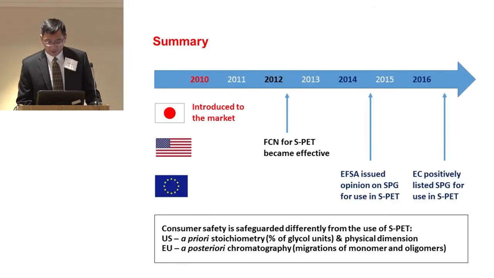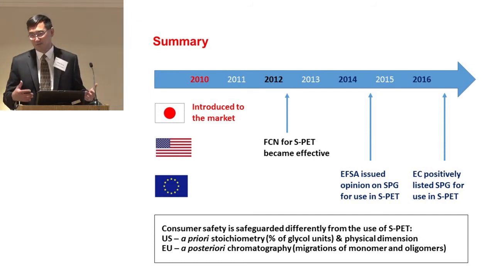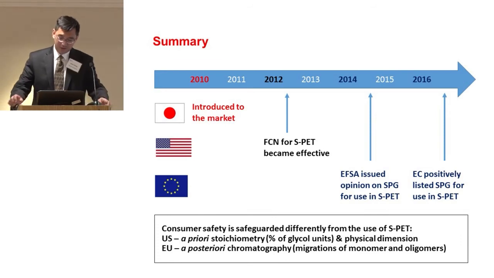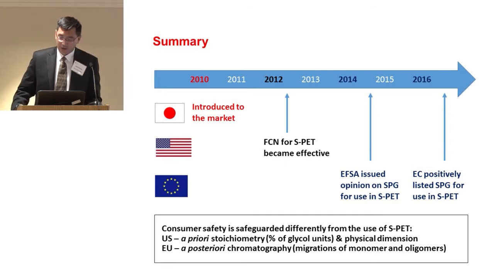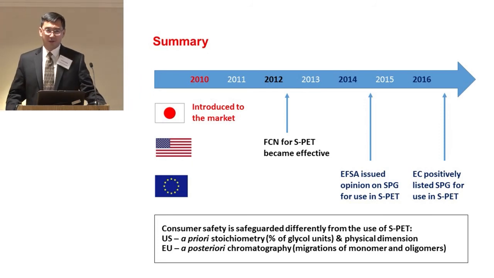Now, just to recap from the industry perspective, if I am a manufacturer interested in this, I will have this company in Japan introduce this to the market. In April 2012, this has an effective FCN. After that, you can rely on the effective FCN to market.